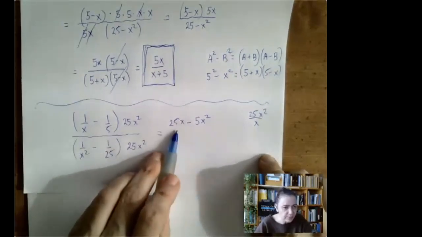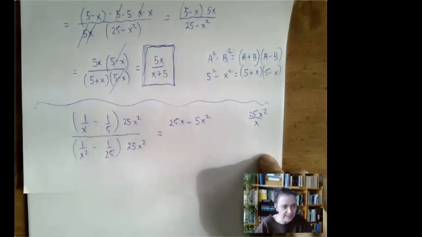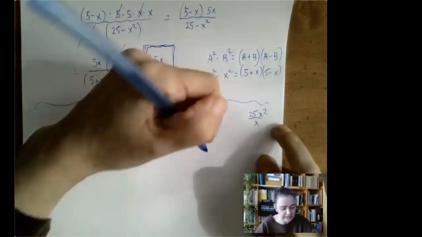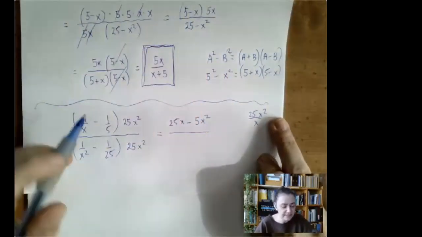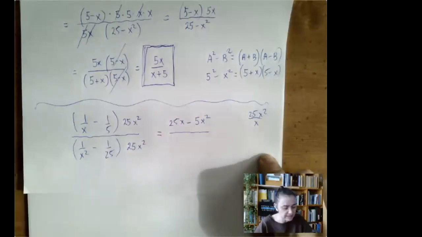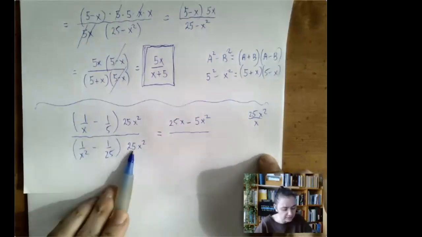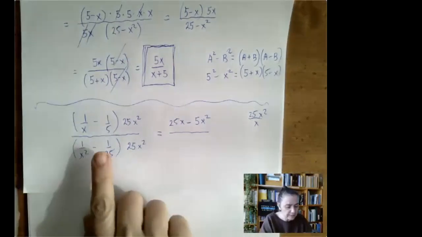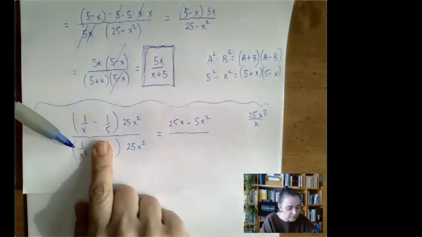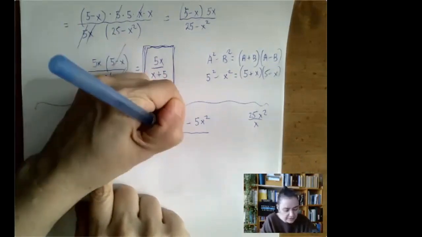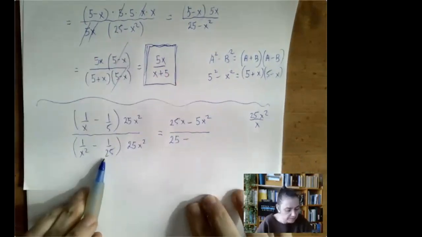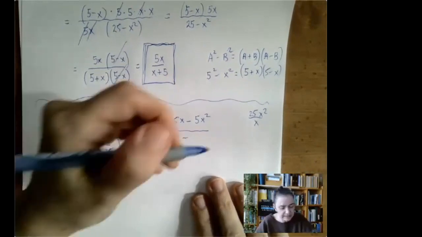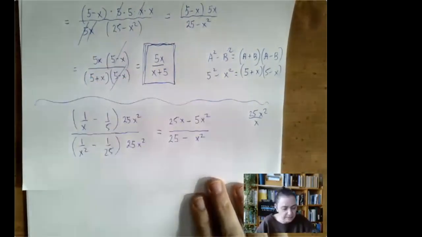Both pieces are divisible by 5. Both pieces are divisible by x because we used more than what we needed, because this is the stuff that the denominator needs. Now, if we multiply 1 over x squared by 25x squared, x squared is gone, and we're left with 25. And then here, similarly, we're left with x squared.